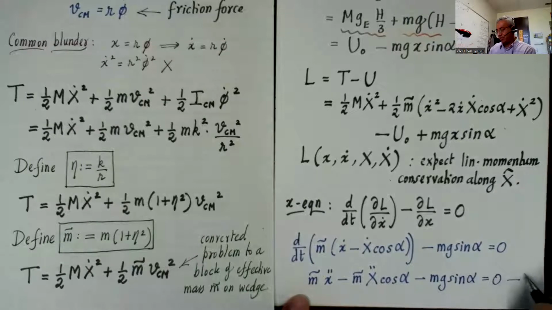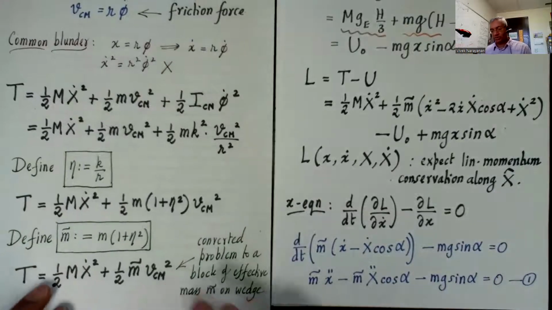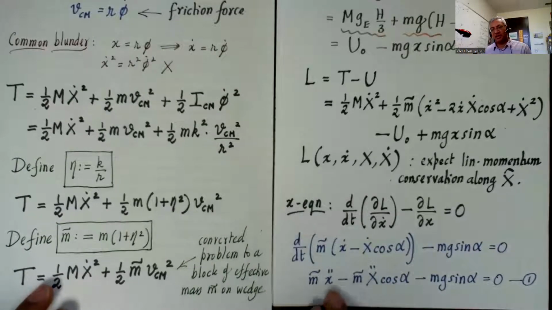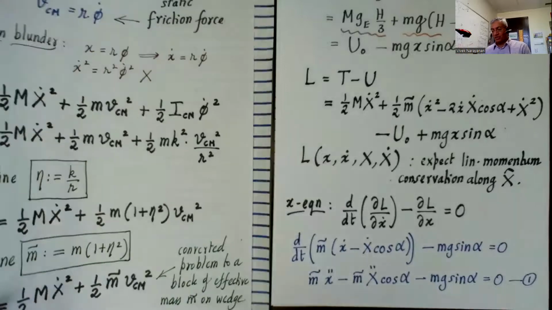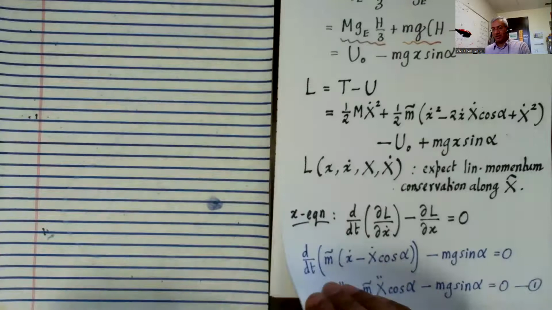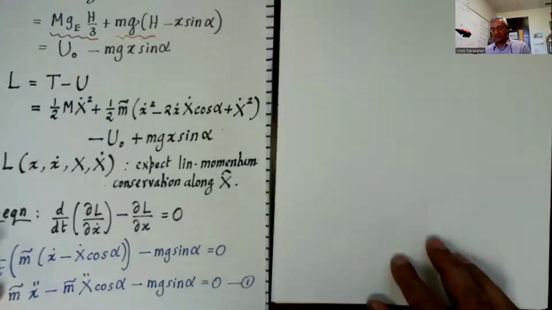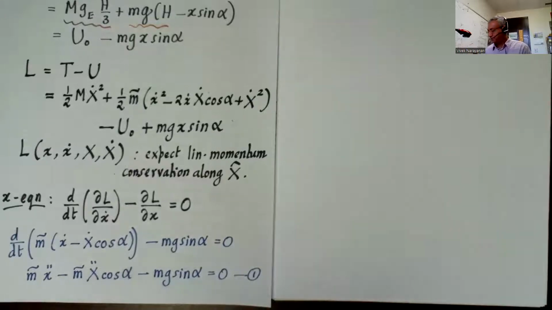This I will call my equation 1 and return to it later. I can't do much with it because it's got little x and capital X, and I don't really know what the relationship is between the two. Hopefully, the next equation, the capital X equation, will actually give me a concrete relationship between the two. Let's find out.